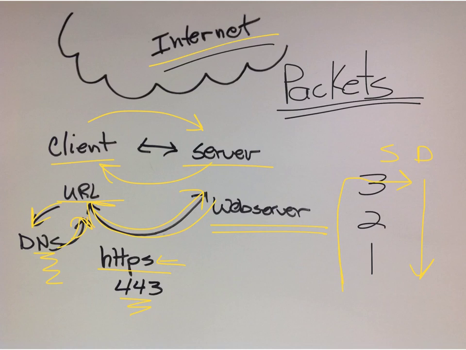So this cycle can continue while it's moving through the internet, and layer 3 is a packet. So they'll often refer to those as packets going through the internet. And they're looking at the destination IP address to get it somewhere. Hopefully that was clear as mud.